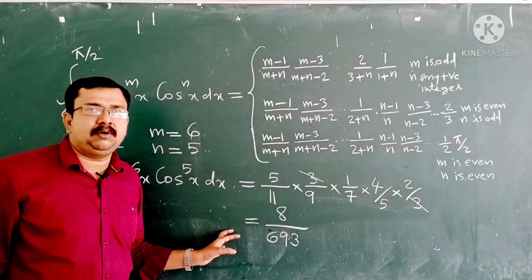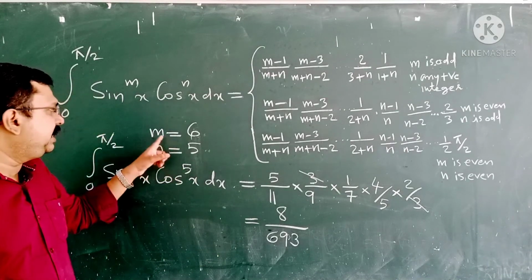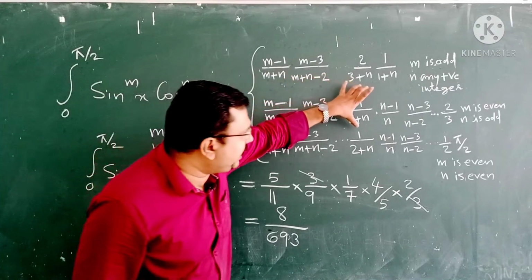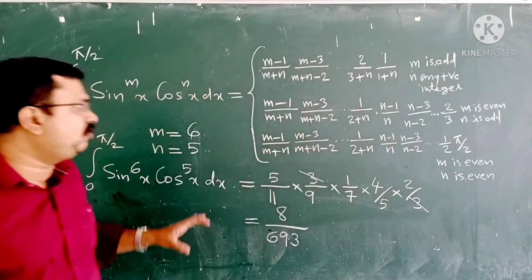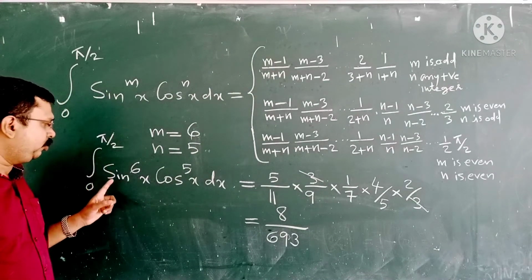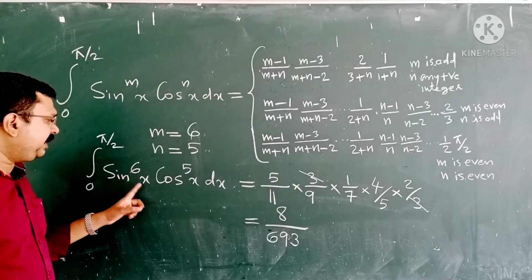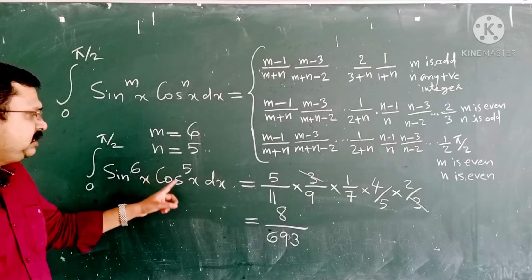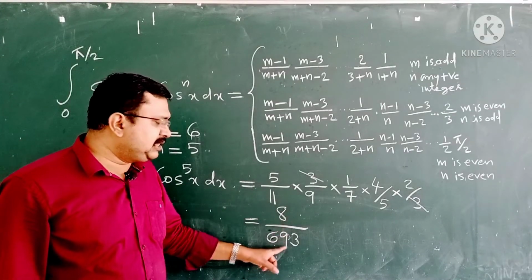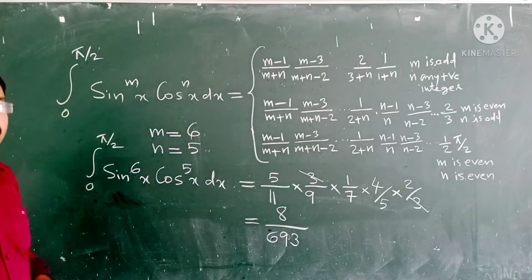Please write down in your notebook. Remember that here m is even, n is odd. Therefore we take the second case as our final result. Therefore the integral from 0 to pi by 2 of sin raised to 6x into cos raised to 5x dx is equal to 8 by 693. Please write down.